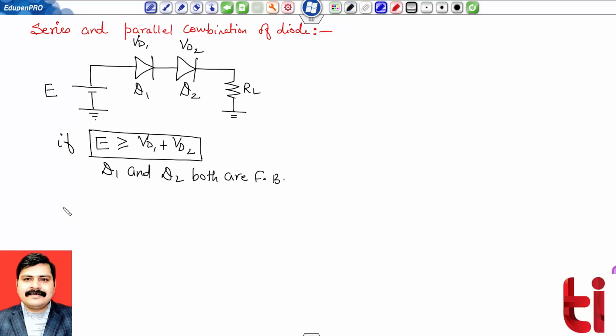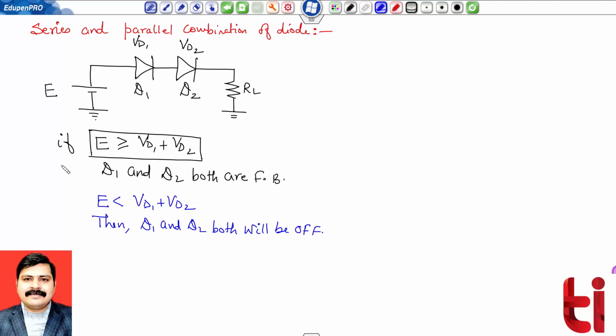However, if this condition fails, if E is less than VD1 plus VD2, then there is insufficient voltage. Therefore, D1 and D2 both will be off.